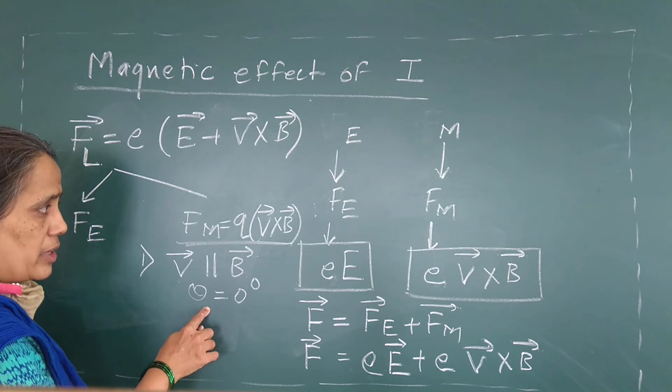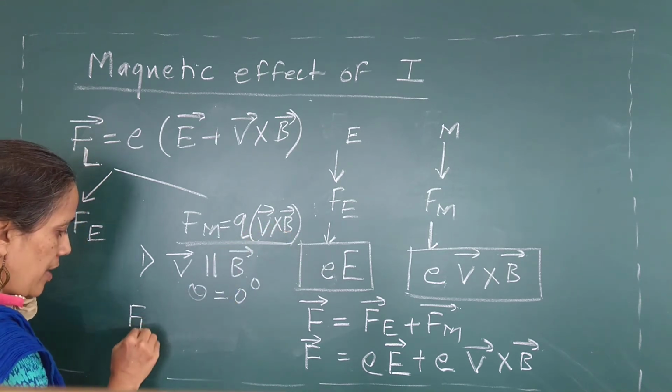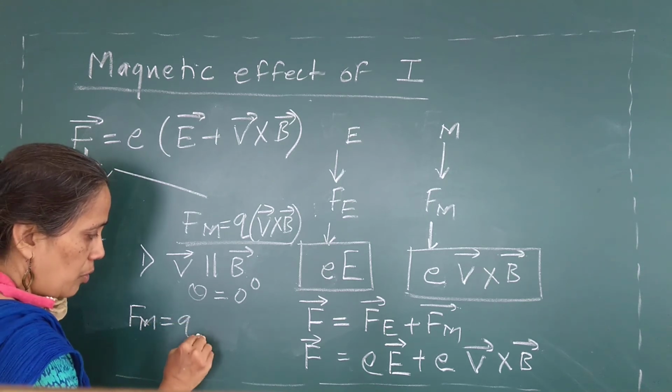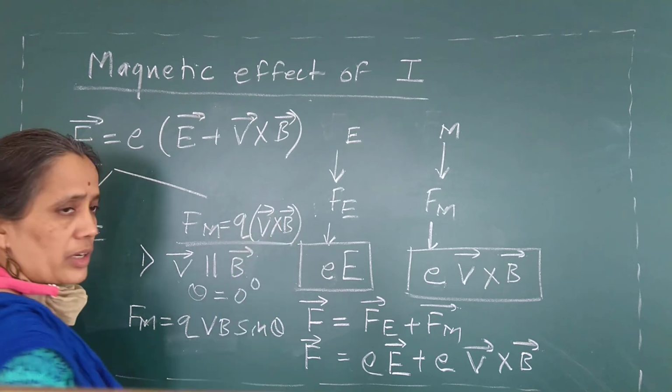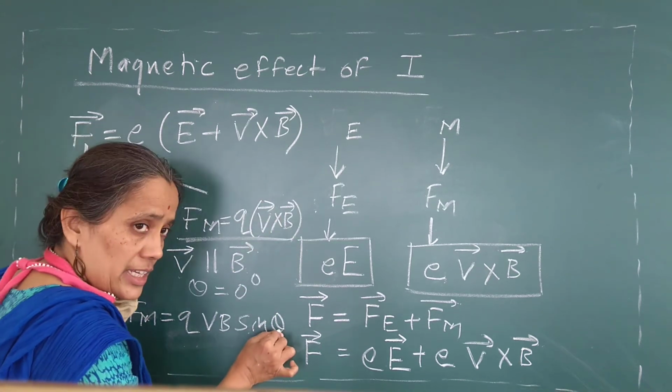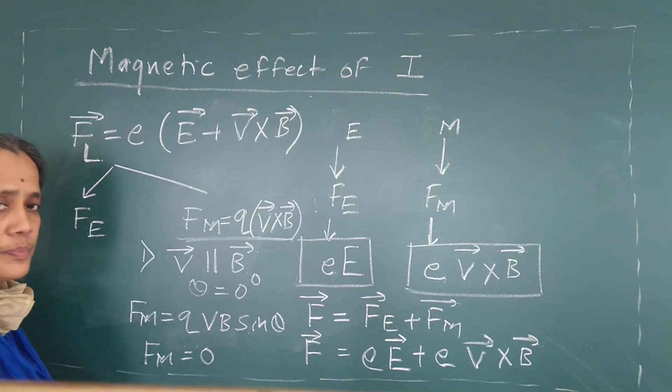And if it is 0 degrees, what do you get in the cross product? This Fm, which is equal to QVB sin theta if I solve the cross product, and if I put theta equal to 0, your magnetic force comes to be 0.